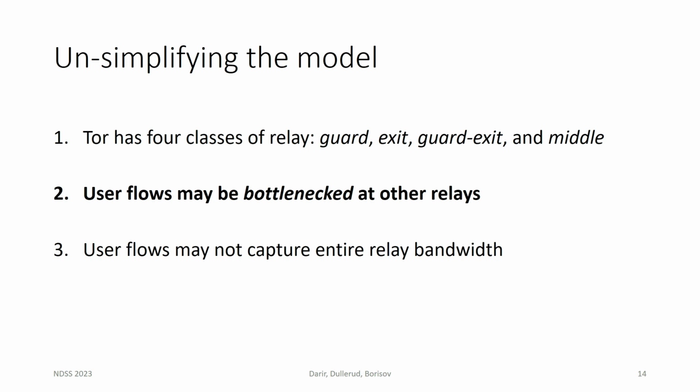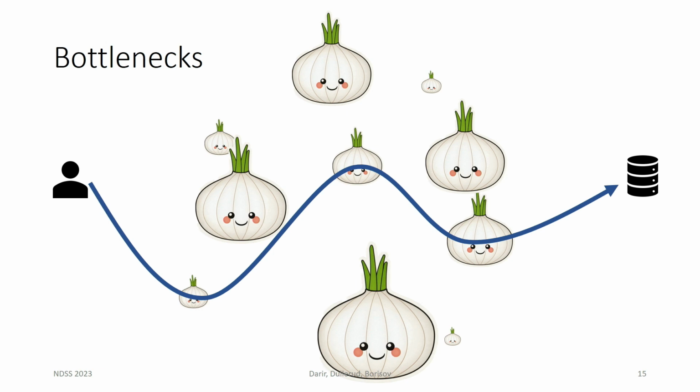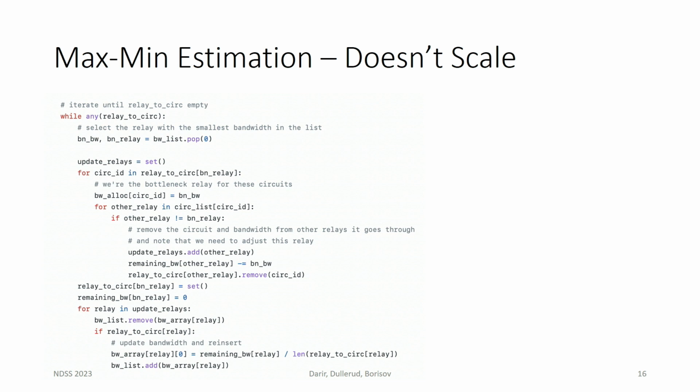So what we're looking at is the fact that there are bottlenecks that happen at various points in the path. So if you look at the relay that this path goes through on the right, it's probably not going to be the bottleneck of this flow. And so this flow isn't going to utilize all of the capacity that's available at this relay. We have in our simulation complex code that implements this. And the problem is that this code can't be directly plugged into the probabilistic programming.